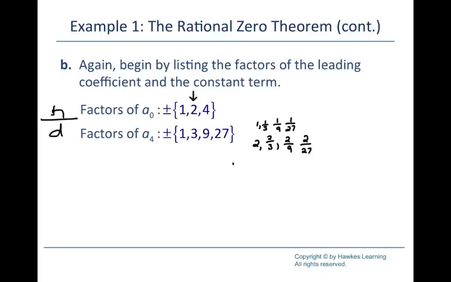Okay, so I'm getting significantly more numbers to work from here. Now the next one I'm going to do the 4. So I've got 4 over 1, which is 4, then 4/3, then 4/9, and 4/27. So there's a lot of numbers to choose from with this particular ratio of factors.